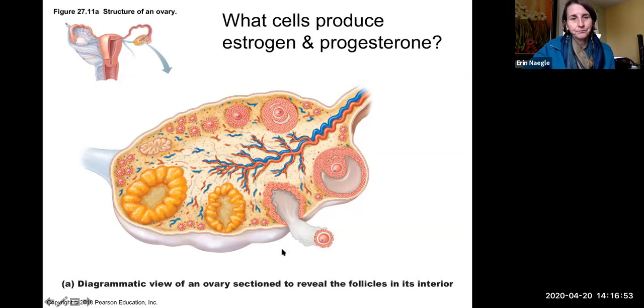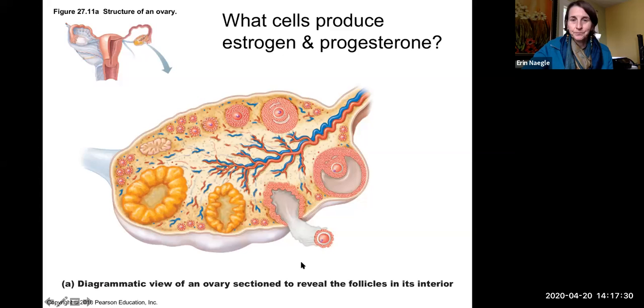In the scenario that this egg becomes fertilized and gets implanted into the wall of the uterus and leads to a pregnancy, these cells stick around and continue to produce levels of estrogen and progesterone that help to support the development of the fetus and make sure that the uterine wall is full of nutrients, helping in the development of the placenta for the growing baby.